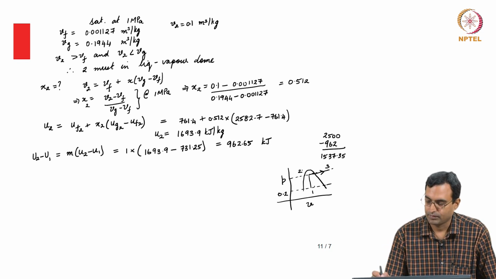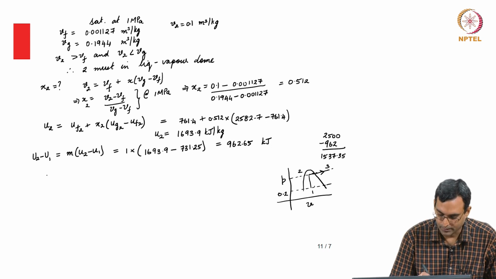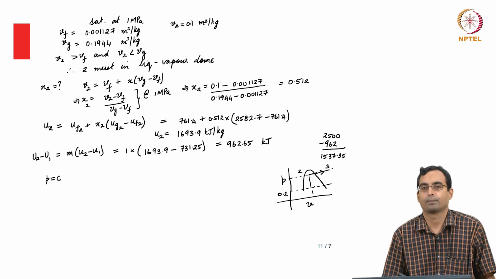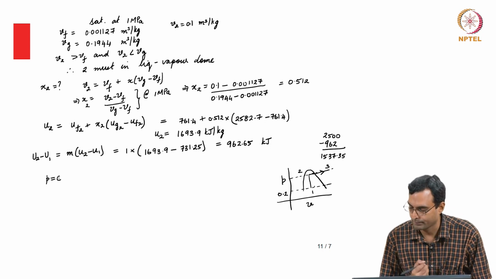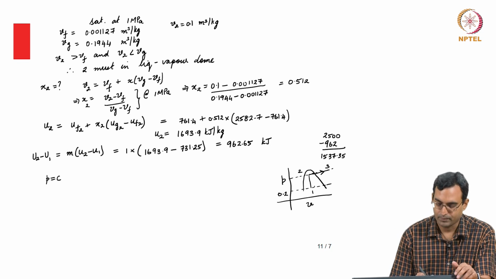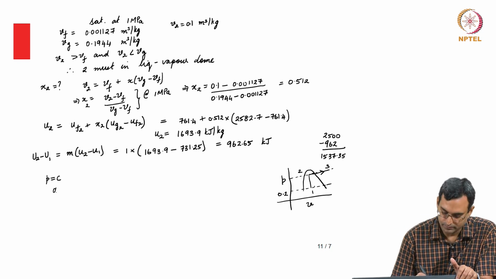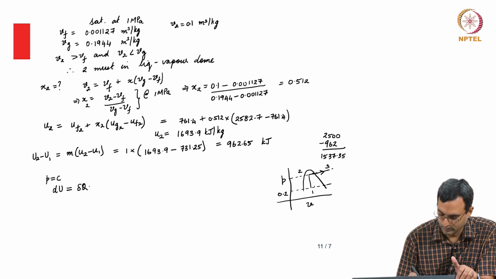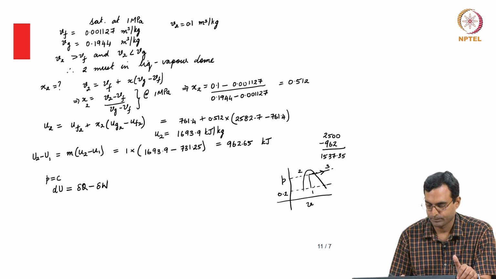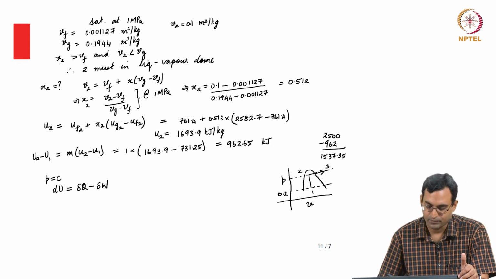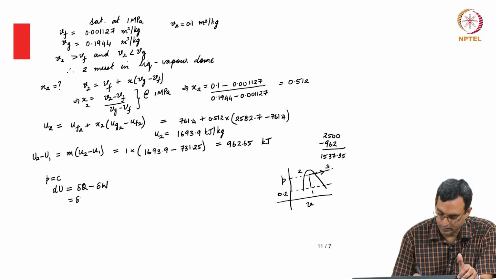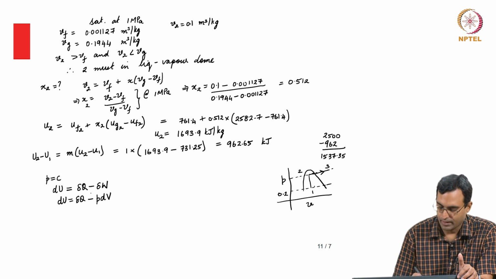So, we can see what we have here. After we have reached this point 2, the process is essentially P equal to constant, because it is now lifting the piston against a constant weight and constant atmospheric pressure. So, from the first law, we see again we have this, but this is a constant pressure process. So, for a constant pressure process, we know that this is essentially P dV, and we have done this earlier.